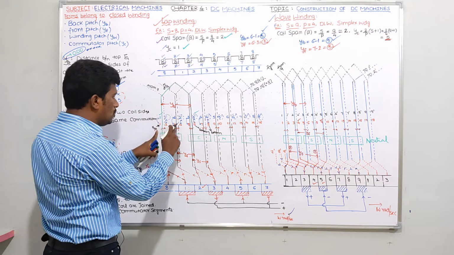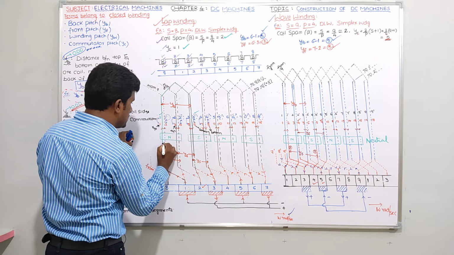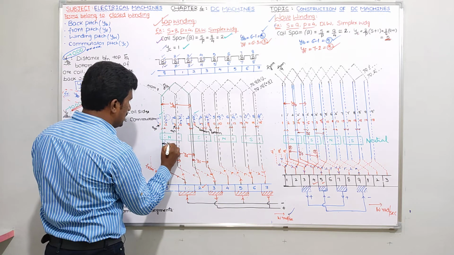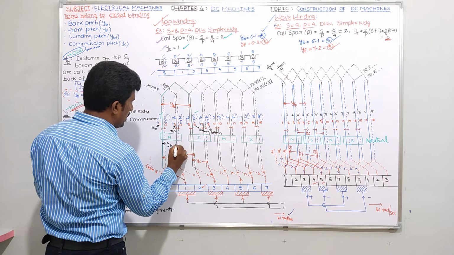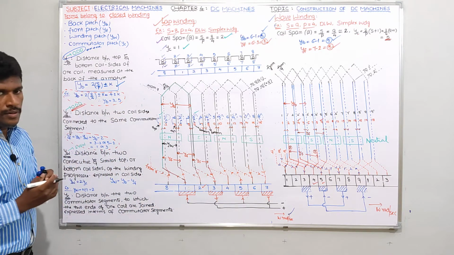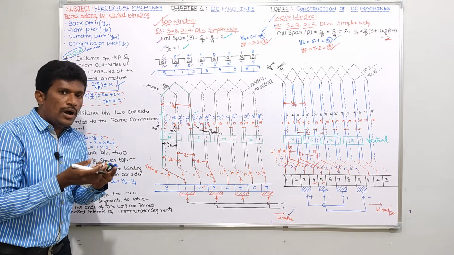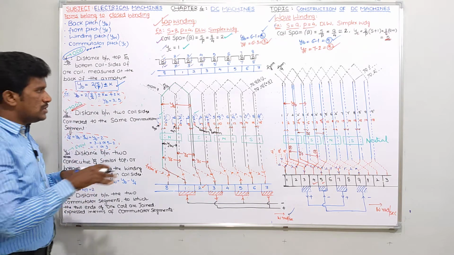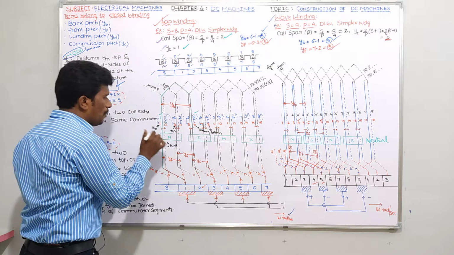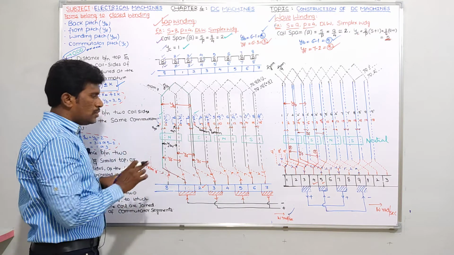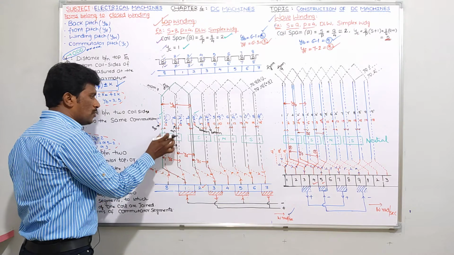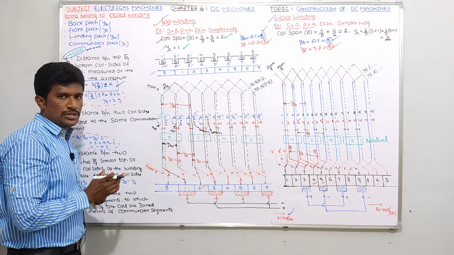So whatever distance is there from 1 to 3, that is what I am calling the winding pitch YW. Please be careful: you should take either top or bottom. If you take top, in coil 1 it is 1 and in coil 2 it is 3. So the distance from 1 to 3 is the winding pitch.